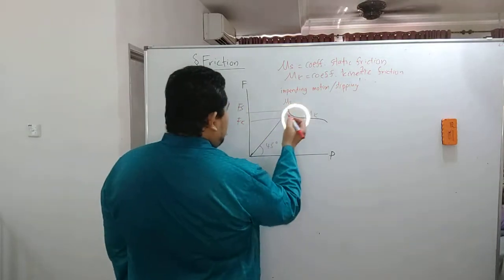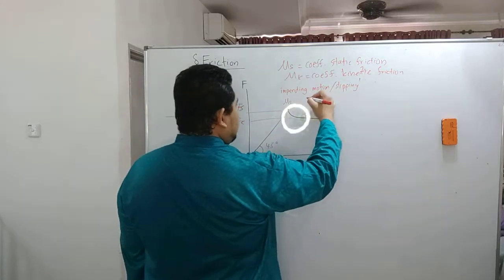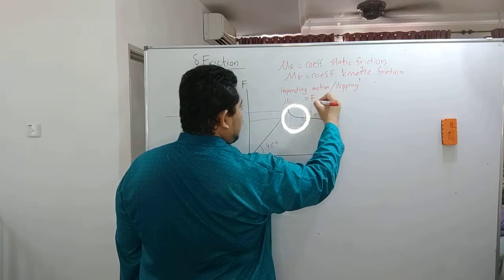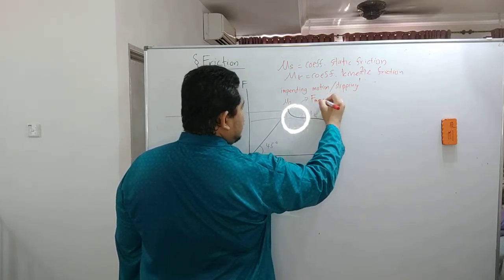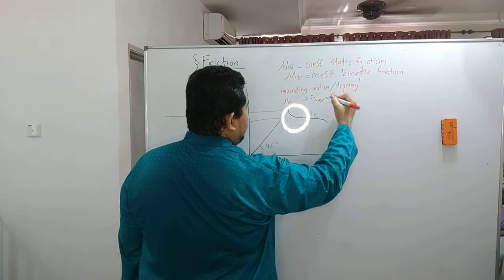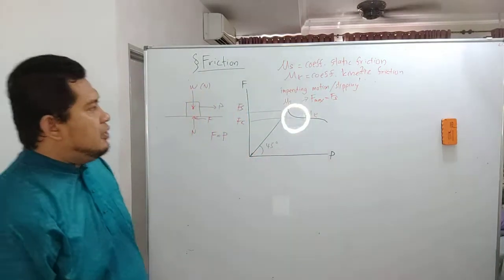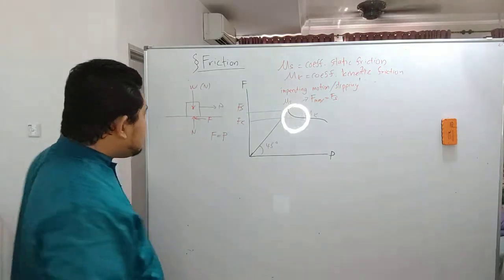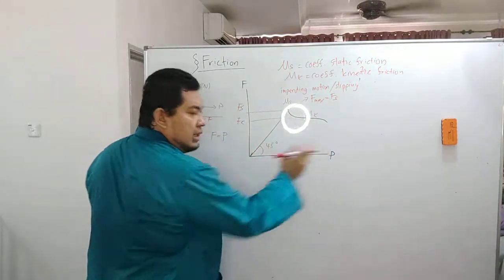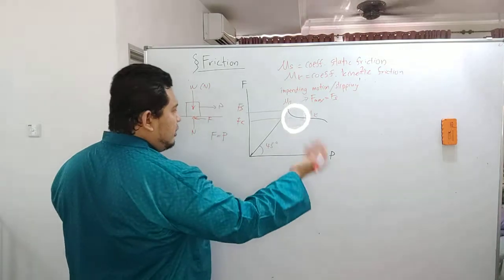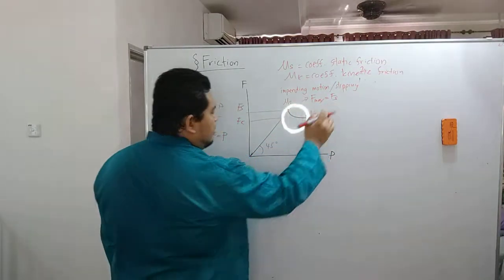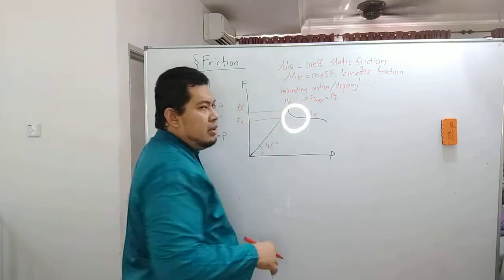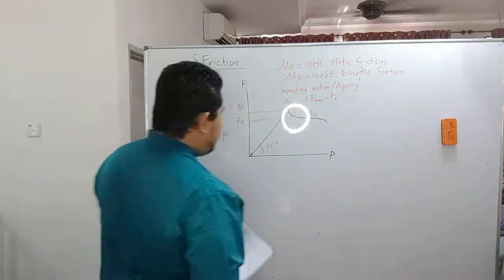At this point, the static friction, which is considered the maximum Fmax, is equivalent to Fs, the maximum friction force. As long as the applied load increases above this value, you have slipping, and after that you go to the kinetic friction.